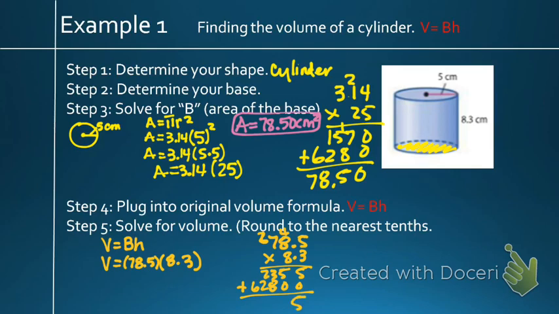Okay, we have 2 behind the decimal. So our volume for this cylinder is 651.55 centimeters cubed.